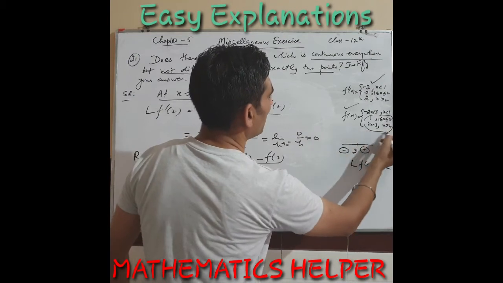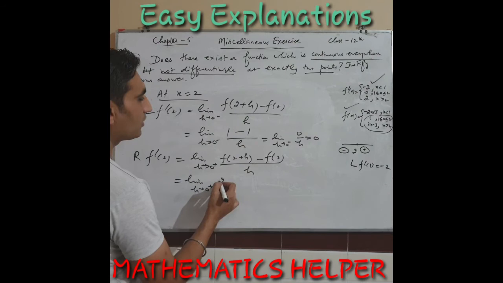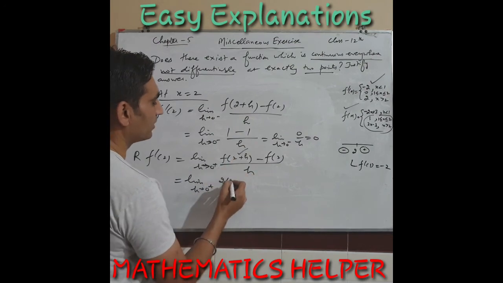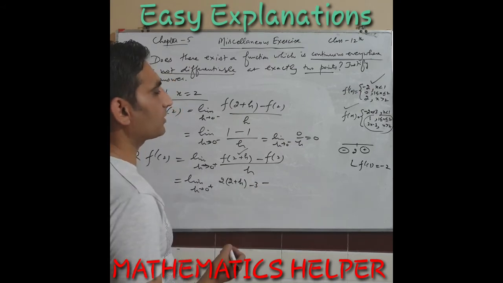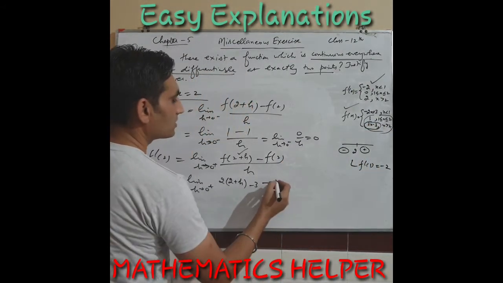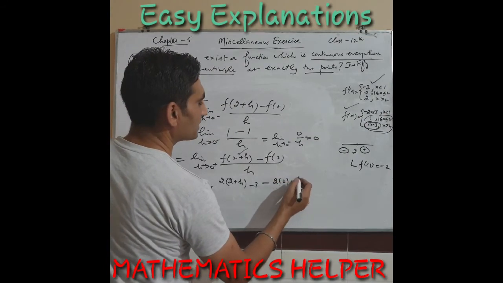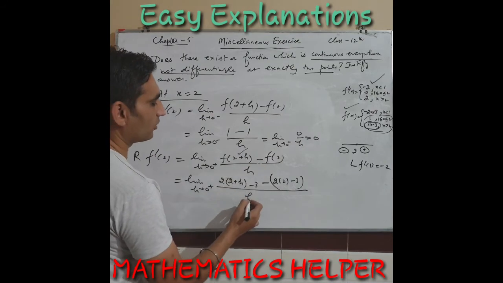You are standing on the right of 2. For the right of 2, meaning for numbers greater than 2, we have the 2x minus 3 statement. So it will be 2 times x, x means this value, 2 plus h minus 3, then minus f at 2. At 2 means we have to replace x by 2 here. So 2 into 2 minus 3 in the bracket. Be careful, use brackets because of this minus sign, over h.